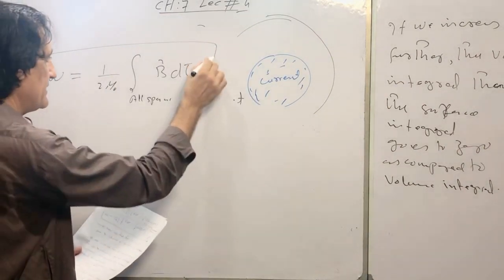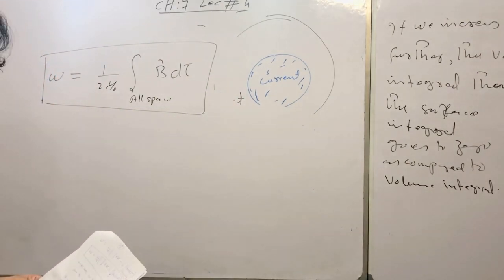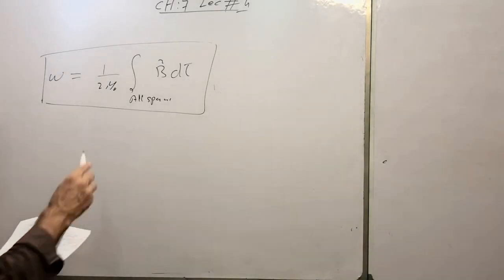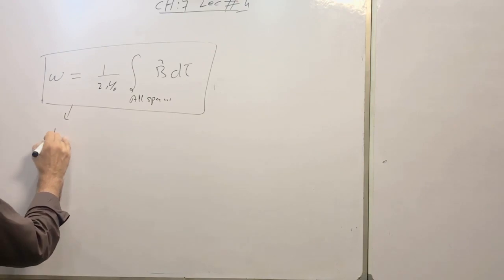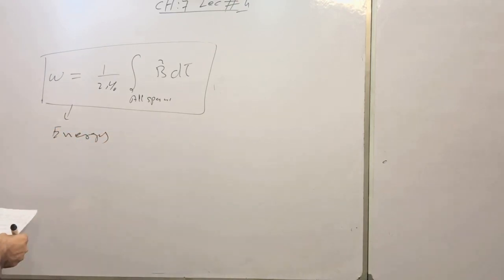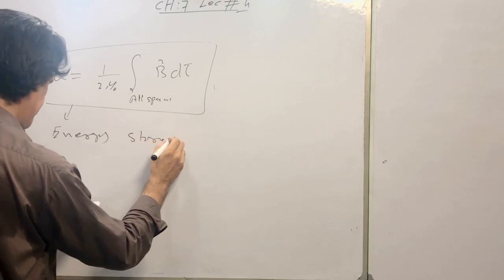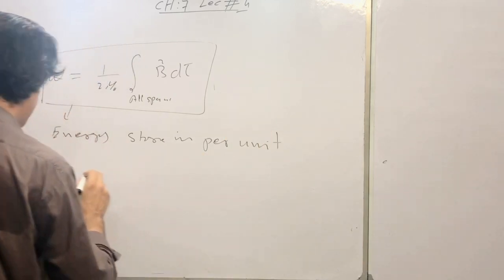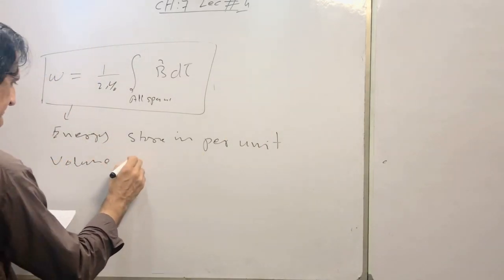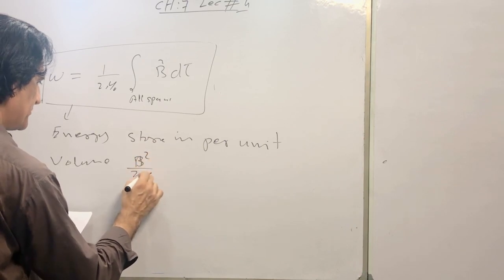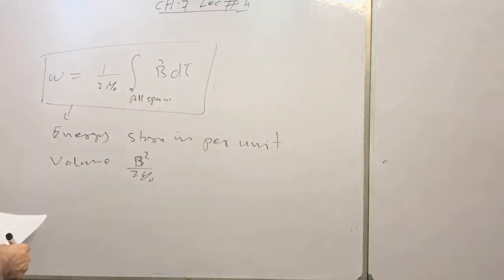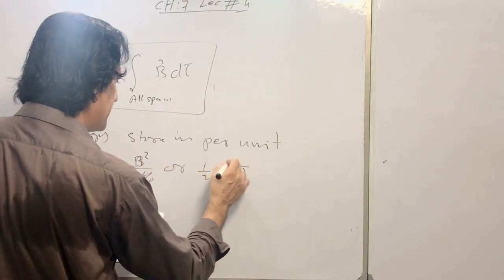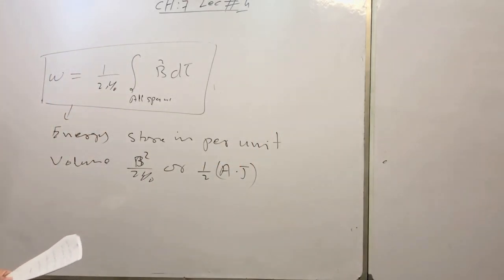So this is the final result of the energy stored in a magnetic field. Here, the energy stored per unit volume is B square divided by 2 mu naught, or we can also write A dot J from the previous equation.